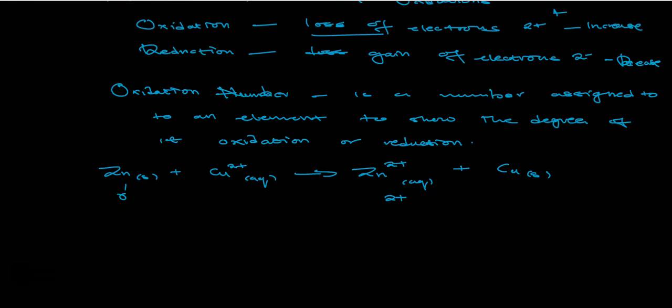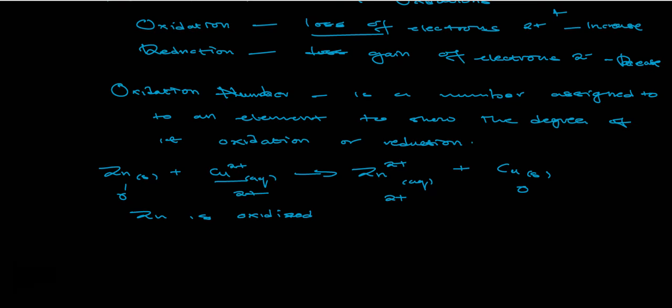So we can see an increase from 0 to 2, so we can say that zinc is oxidized. Then copper 2 ion has an oxidation number of 2.